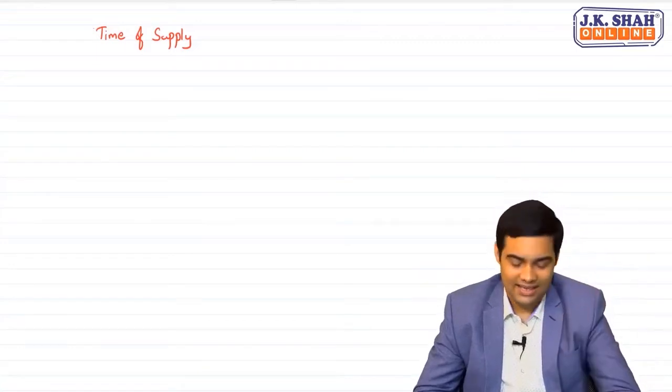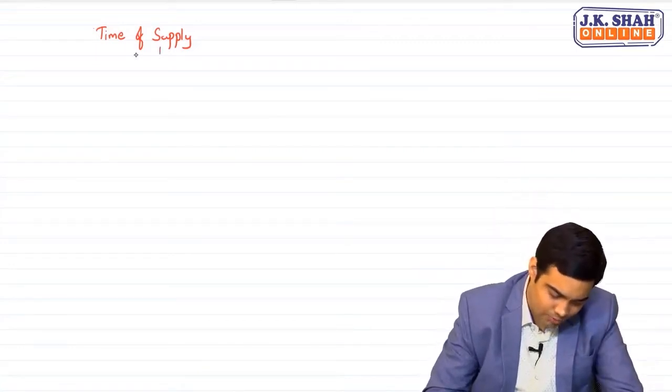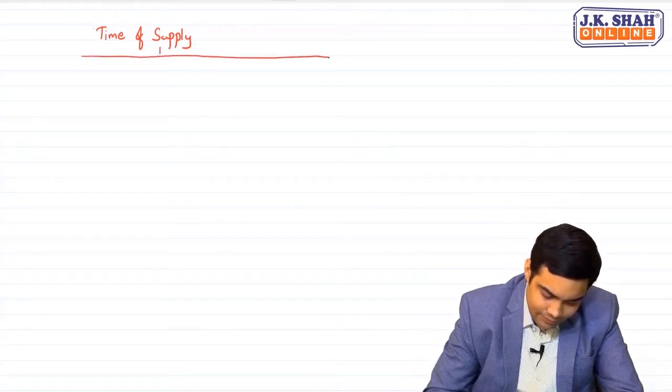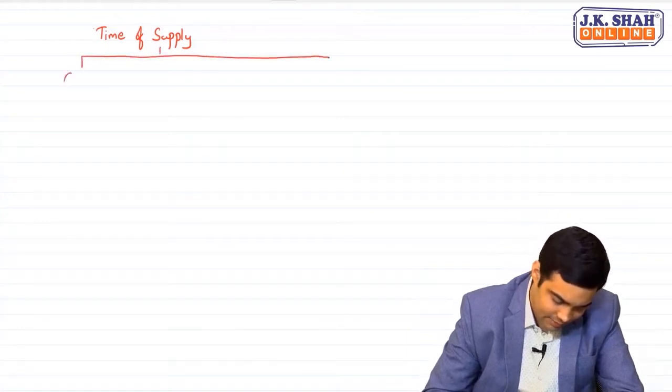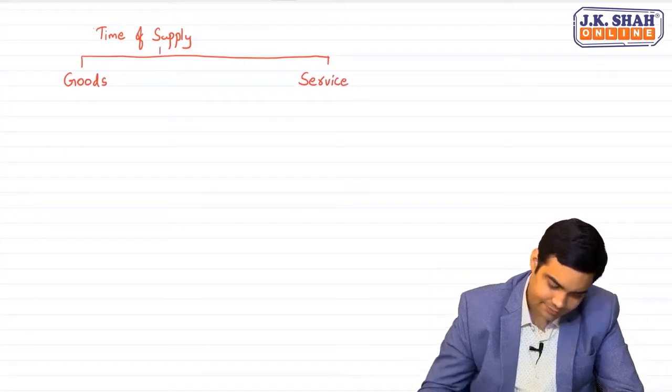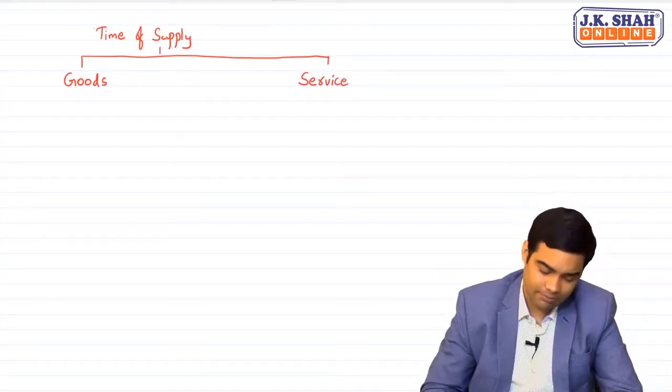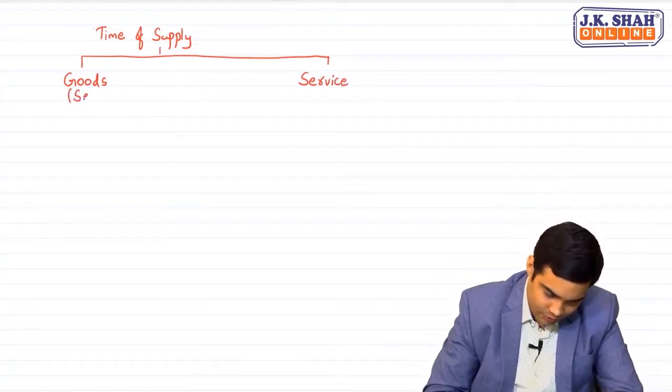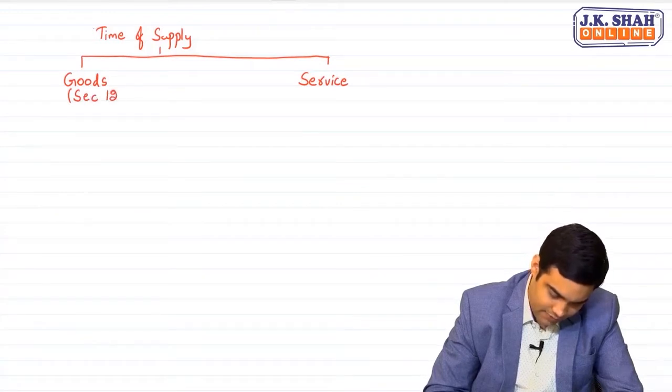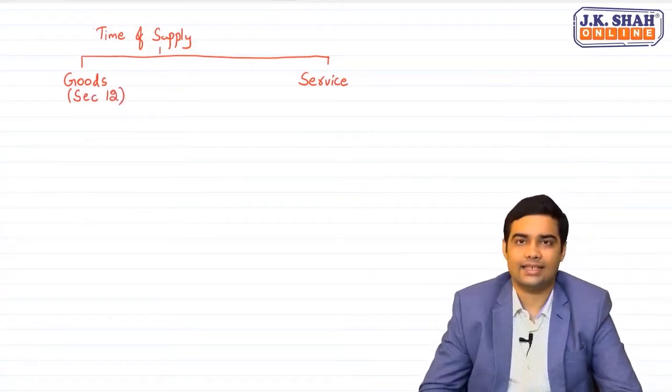Time of supply is divided into two basic heads. One is time of supply for goods industry and the second one is time of supply for service industry. Time of supply for goods is provided in section 12 of CGST Act.